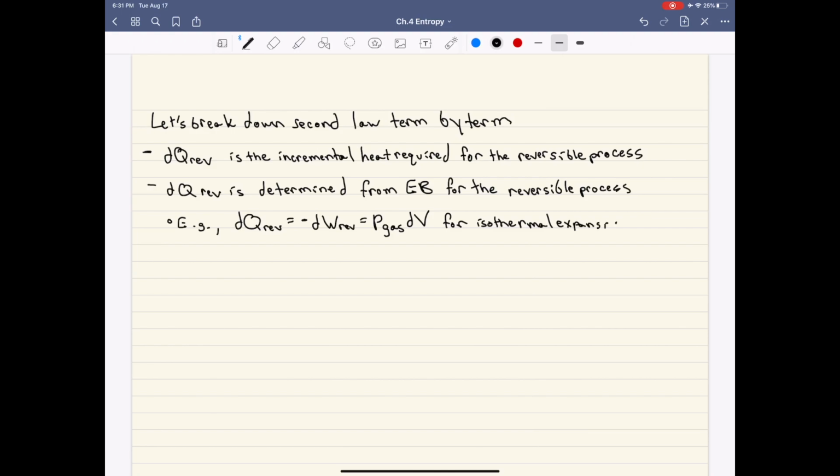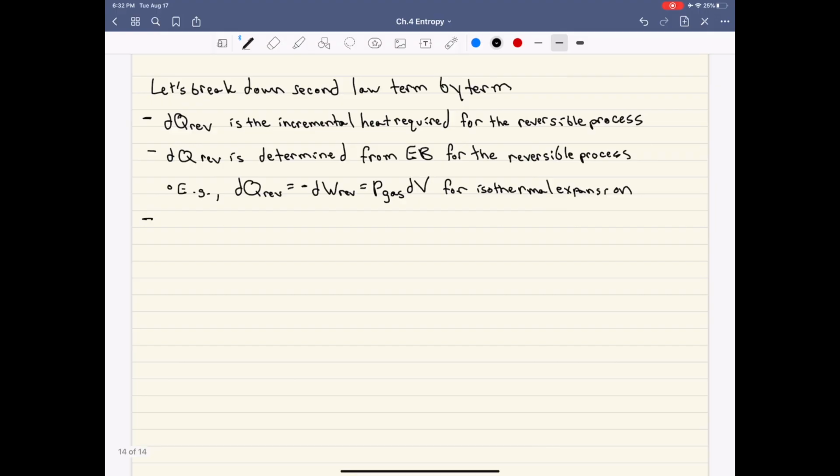Okay? The T that dq rev is divided by, that's going to be the temperature of the system boundary in which that q rev enters in. So temp of the system boundary. Okay?